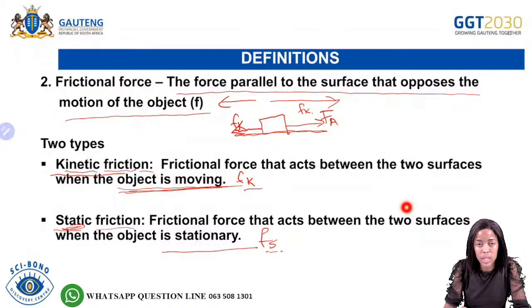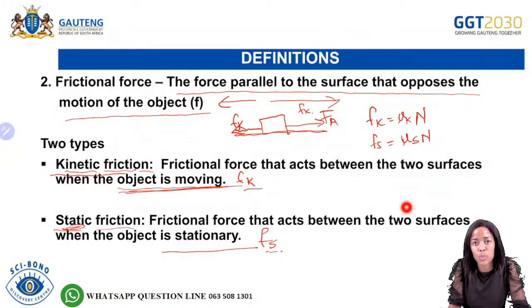In terms of the formulas, for kinetic friction, we have Fk is equal to mu k multiplied by the normal force. And if you are dealing with static friction, Fs is equal to mu s multiplied by the normal force.